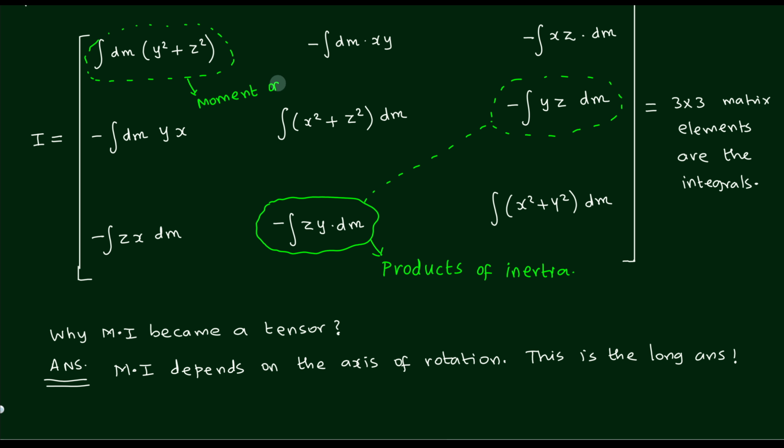The additional terms that come because of the tensor nature are the products of inertia. The terminology is slightly different because you don't have squared terms. You see, x square, y square, z square are not there. That is why it is called a product of inertia. So that is the conclusion of today's work, and with this we can stop for today's class work.